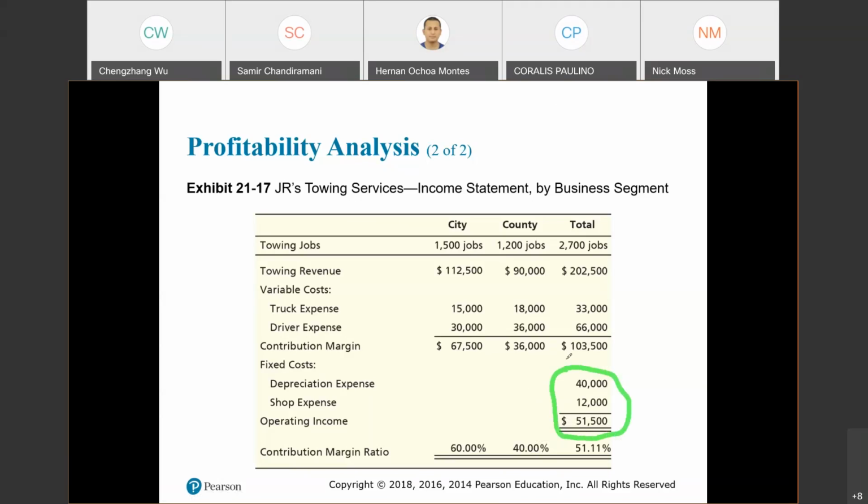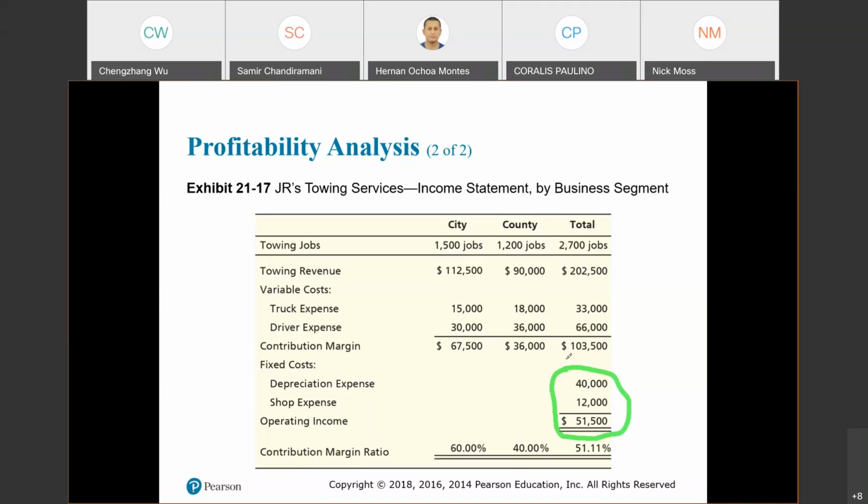That's because these costs are considered common costs, not segment costs. That is to say, the company will incur these costs even if there are changes in the two business segments.